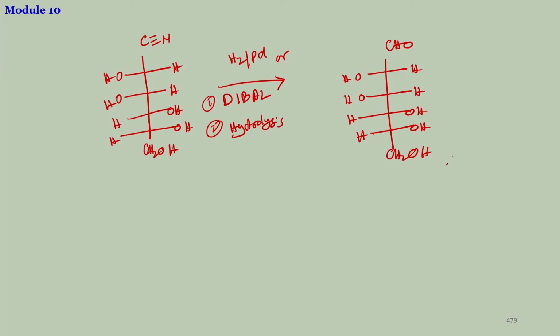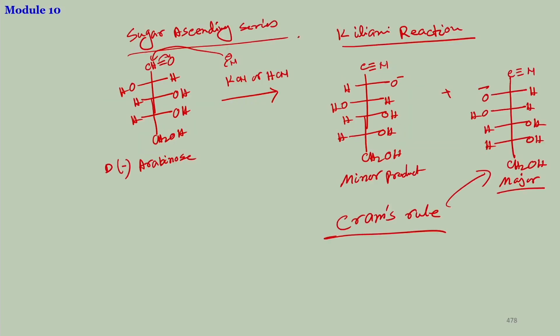This is actually your mannose, and from the other one, if you do this minor product, this will give you your glucose. So, if you want glucose as the major product, you have to start with ribose, not arabinose. So, this is one reaction for increasing the carbon in the sugar.